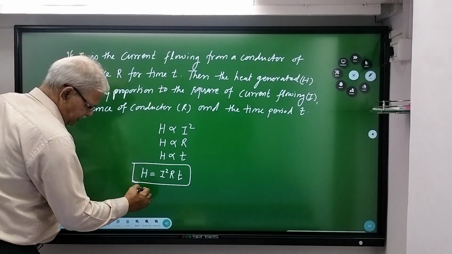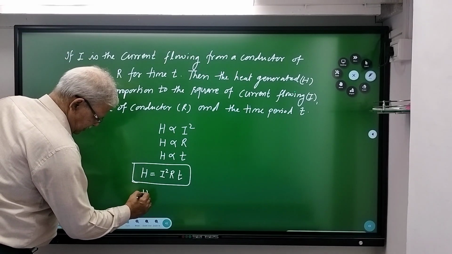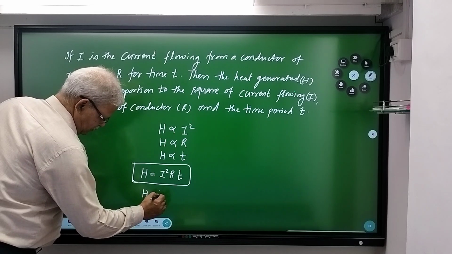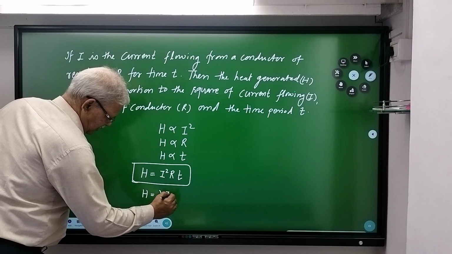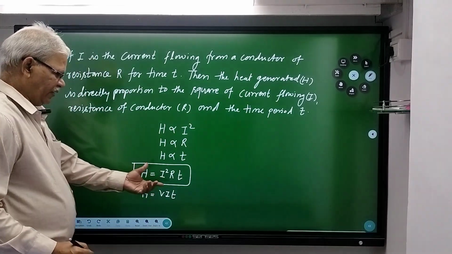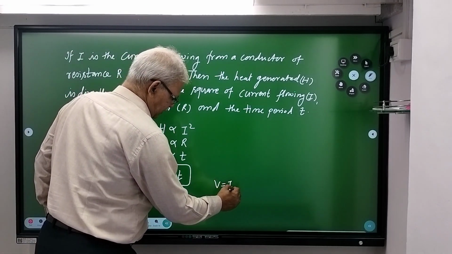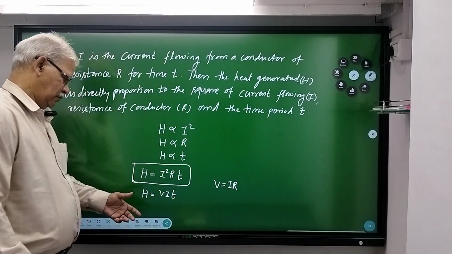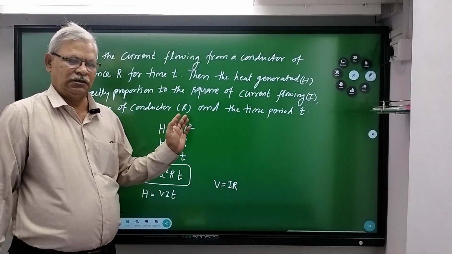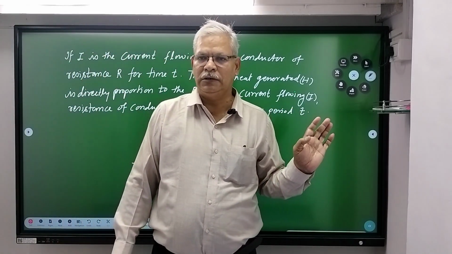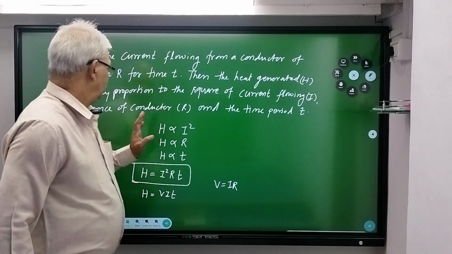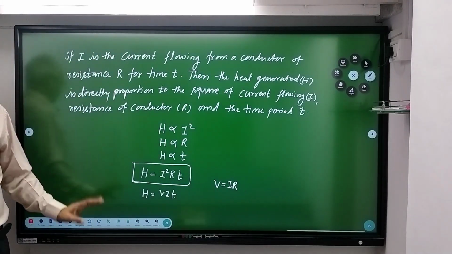It can also be written as H = VIT, where V is equal to IR. This is the Joules law. Now the next topic we will take.